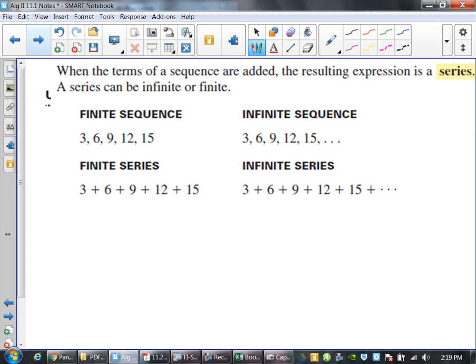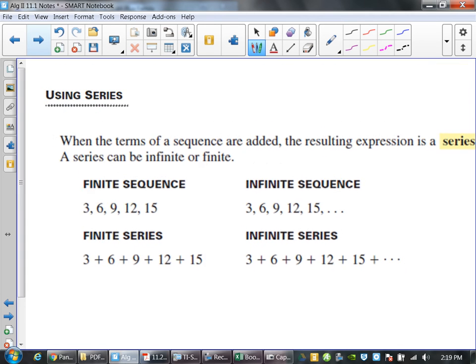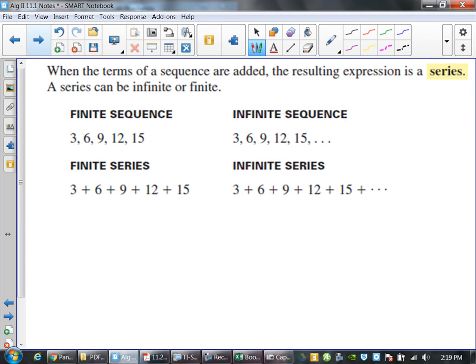So the two differences that we look at: we have finite sequences, finite series. The difference between a sequence and a series is pretty evident.